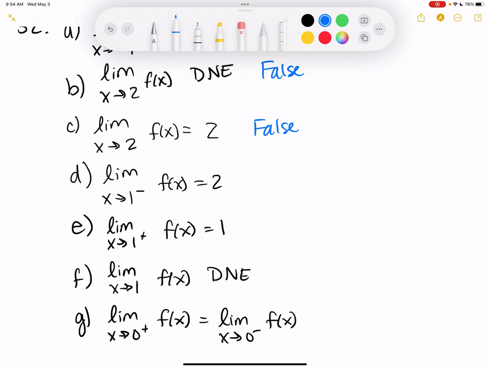Anyone else have an opinion? It's probably true. Just because we're saying it is true. How would it be true? Because the top graph has, if you go from the left and you get to 1, it's equal to 2.